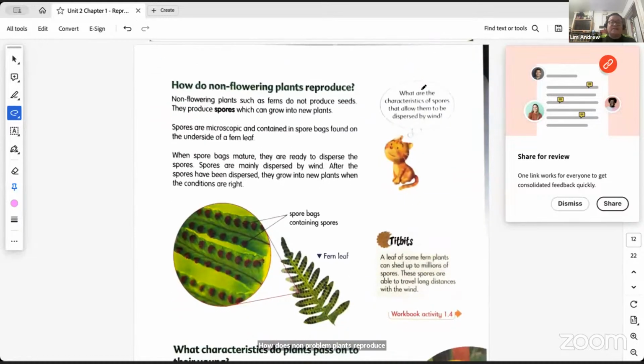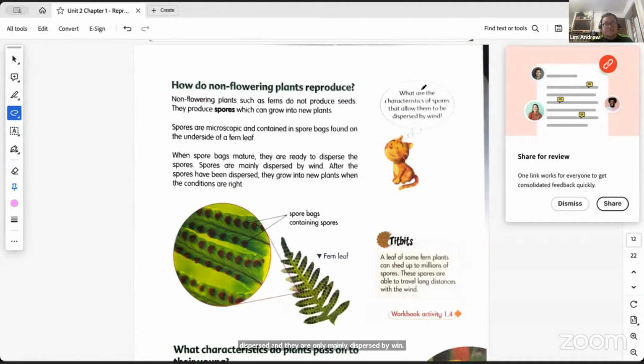Well, non-flowering plants reproduce using spores. They do not have any seeds because they have no flowers, but they use spores which can grow into a new plant. Spores are microscopic and contained in spore bags found on the underside of fern leaves. When the spore bags mature, they are ready to be dispersed, and they are mainly dispersed by wind.